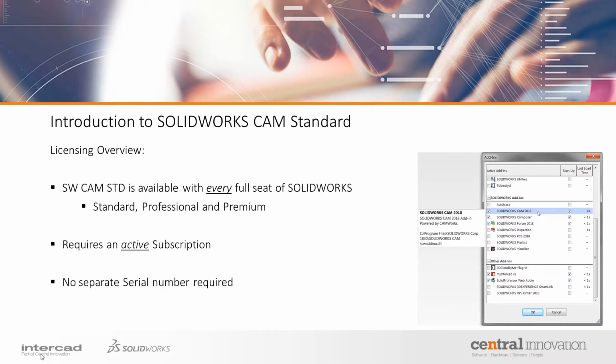The other thing that you'll need to have a look at is when you install it, if you don't see any sign of SOLIDWORKS CAM in the user interface, you might need to just check your add-ins and make sure that it is in fact added into SOLIDWORKS.